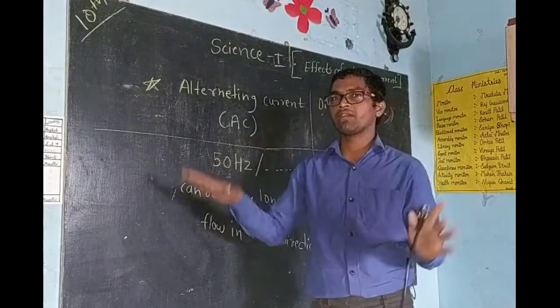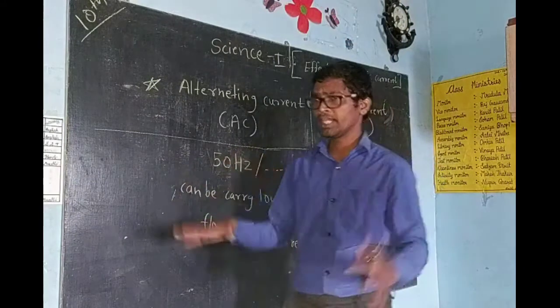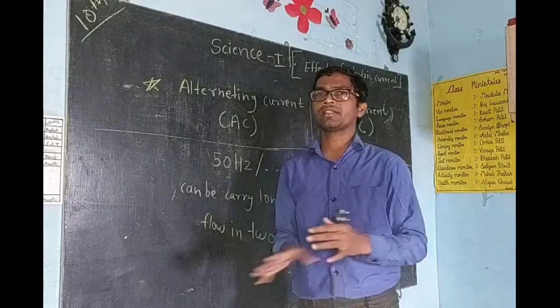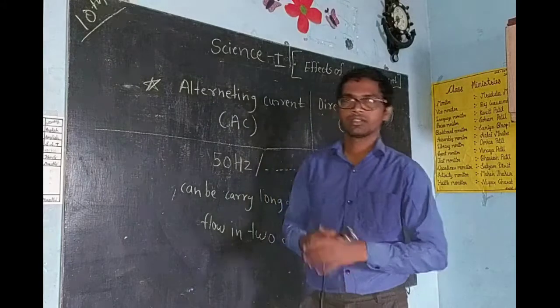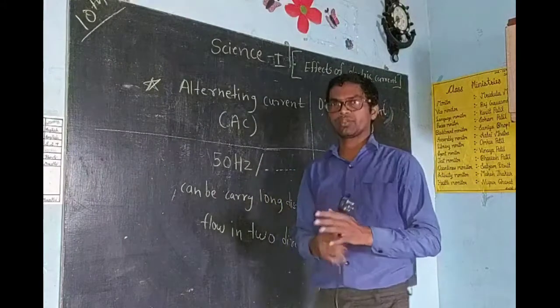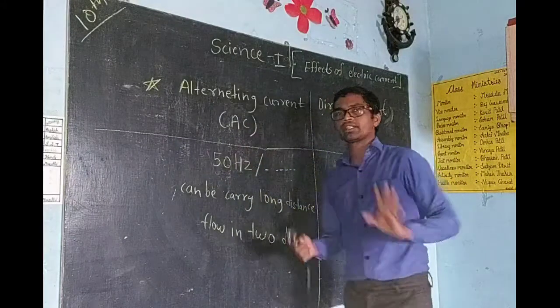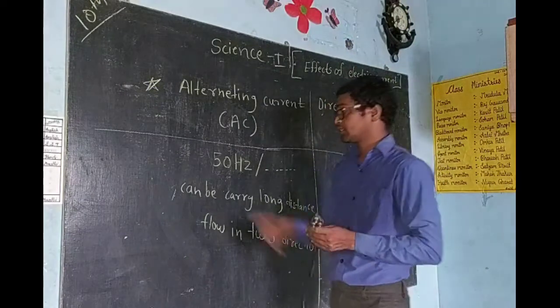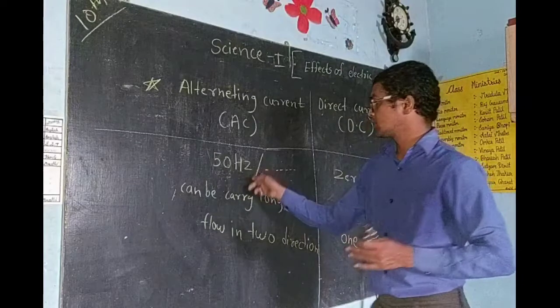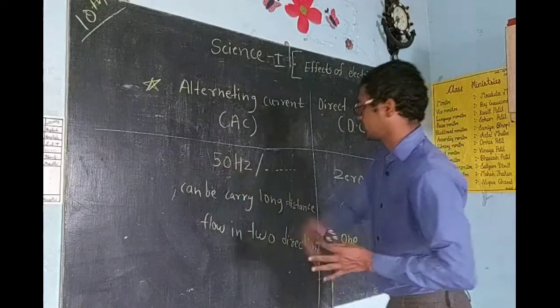That is decided by our electric boards, meaning all appliances are made to perform at this frequency, related to that capacity. So that is our frequency. The question can be asked in India, what is the frequency of alternating current? So 50 hertz, don't write only 50, write 50 hertz.